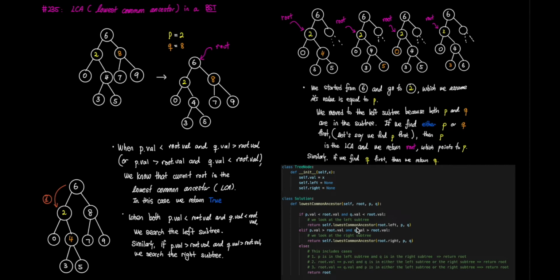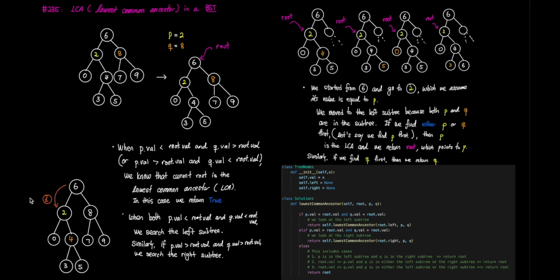In this case, say we have some trees all up here. Just imagine that you have trees above this node 6. Say we are here. Both 2 and 8 have the lowest common ancestor 6, because P is in the left subtree and Q is in the right subtree.